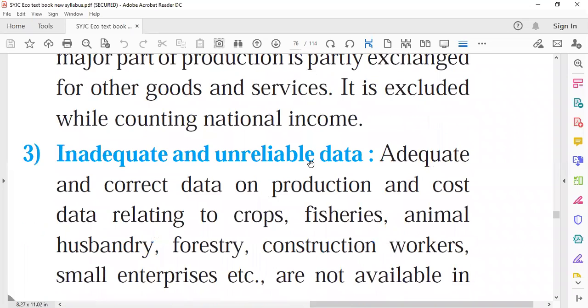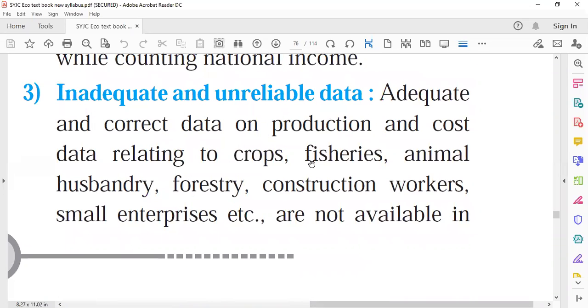Another problem that we are facing here is unreliable and inadequate data.